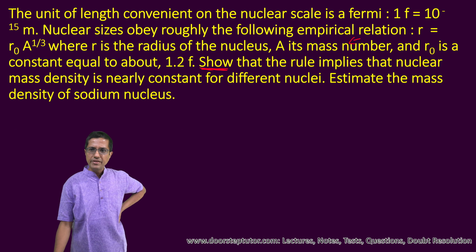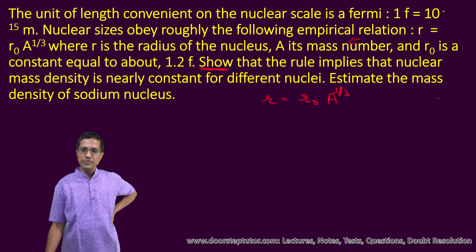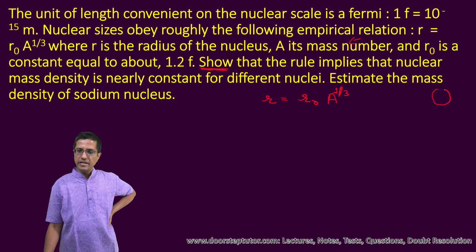To do that, we have a relation which tells us that R, the radius of the nucleus, is equal to R0 into A raised to the power 1 by 3. That is just the size of the nucleus, the radius of the nucleus.